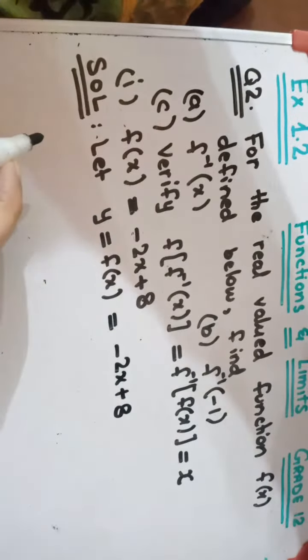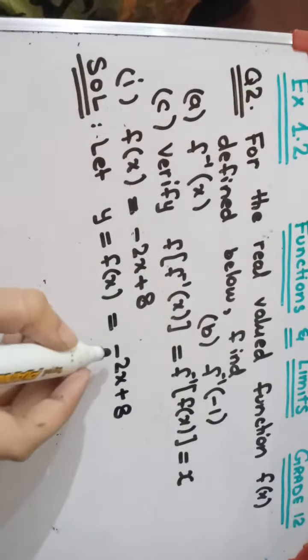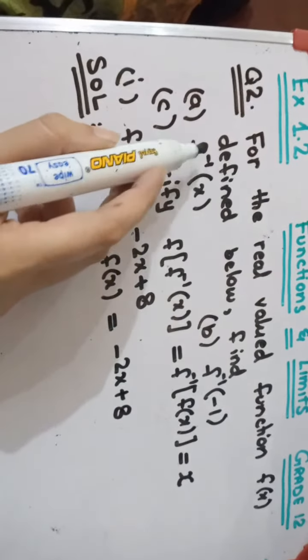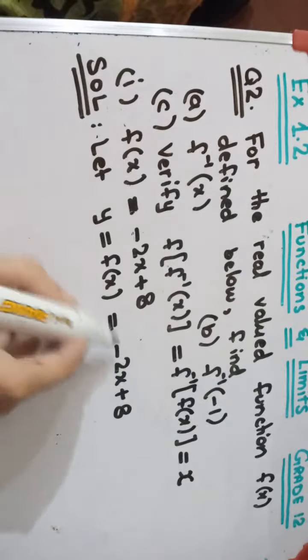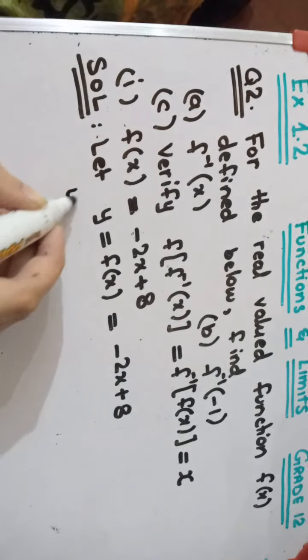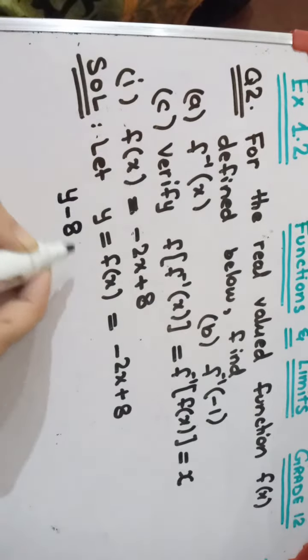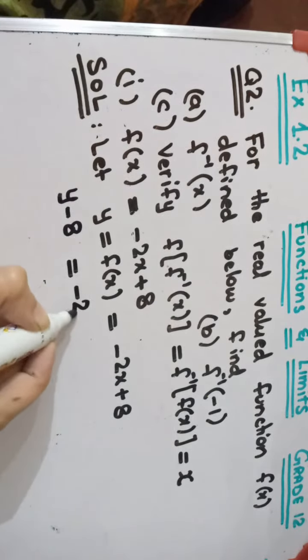Here you have to find the value of x, because you have to find f inverse of x, then you will calculate the value of x from here, then it becomes y minus 8 is equals to minus 2x.